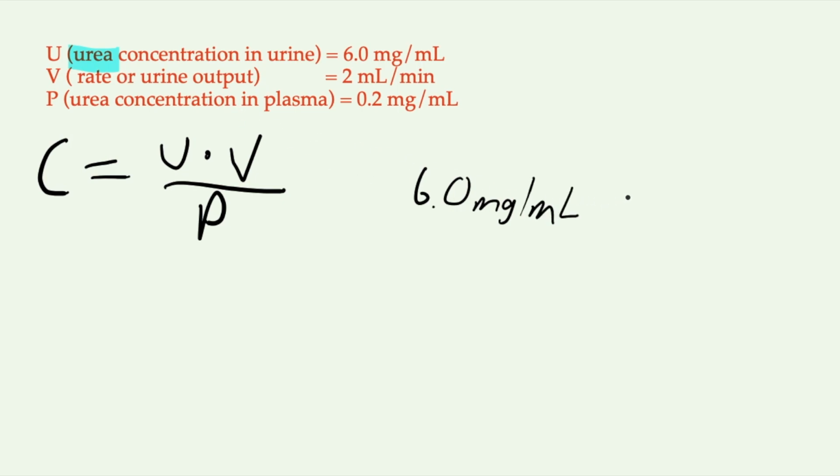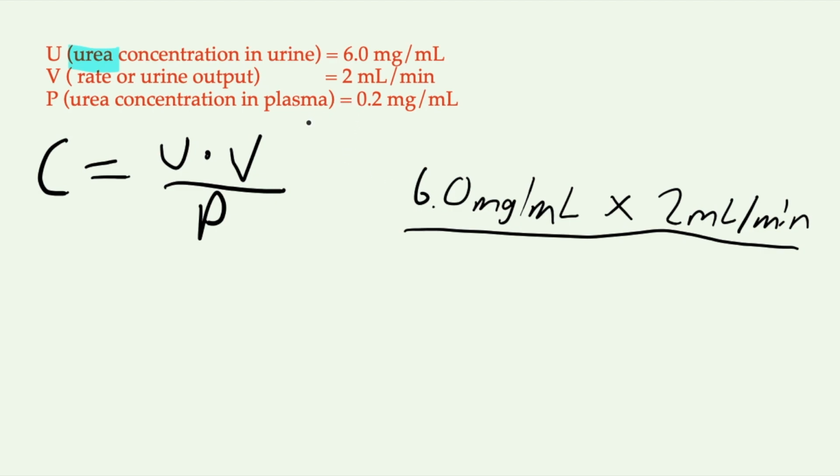For a healthy person, the urea concentration in urine is about 6.0 milligrams per milliliter, and that is our U. Now we multiply that by the rate of urine output, and usually for a healthy person, the rate of urine output is 2 milliliters per minute. Now we have our U and V. So we divide that by P, or our urea concentration in the plasma, which is 0.2 milligrams per milliliter.